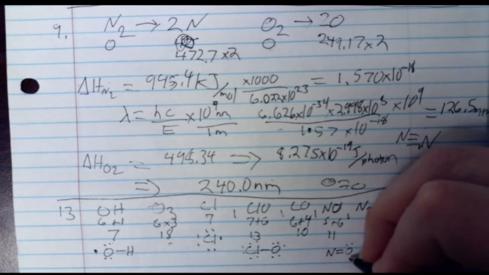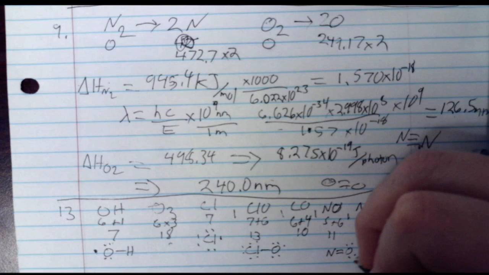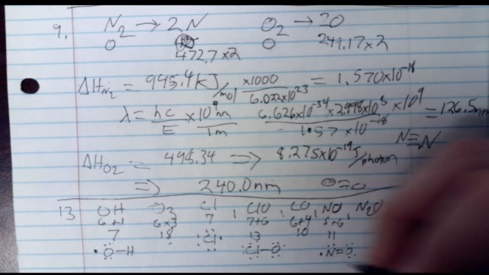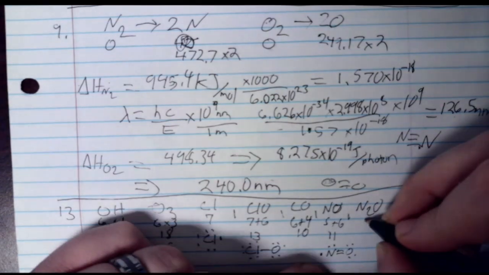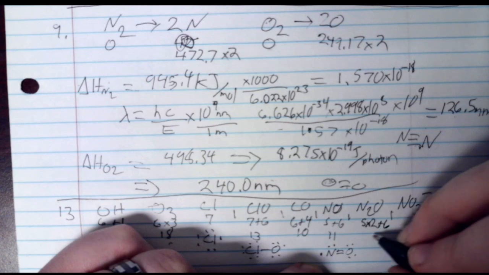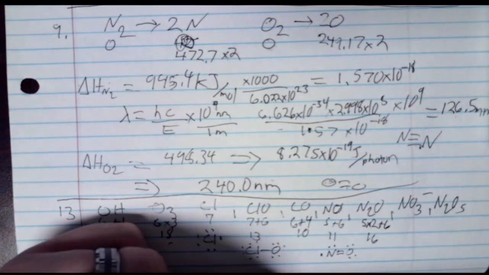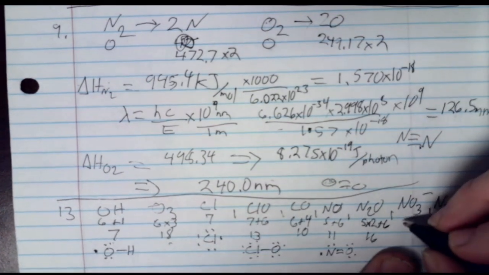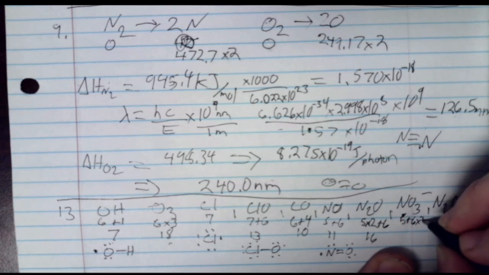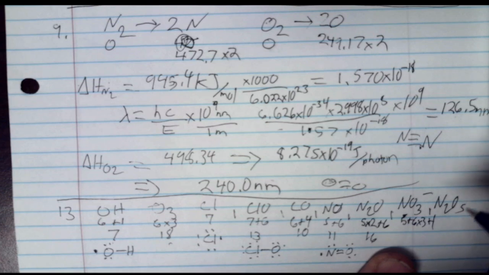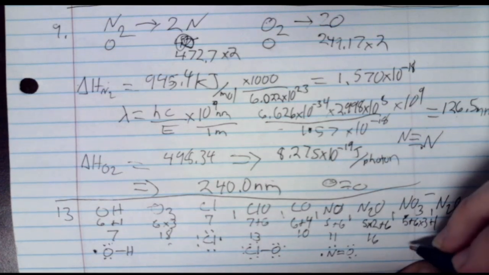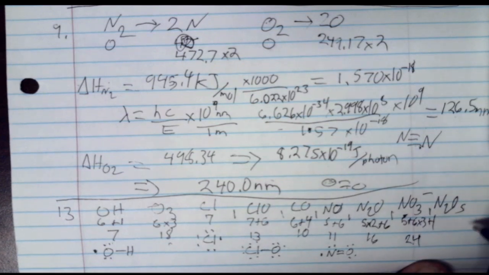Let's see. 1, 2, 3, 4, 5, 6, 7, 8, 9, 10, 11. N2O, there's 2 nitrogens and an oxygen. It doesn't have to be a radical. NO3 1 minus, 5 plus 6 times 3, plus 1 for that spare electron, essentially, it's 24 electrons, no radical.